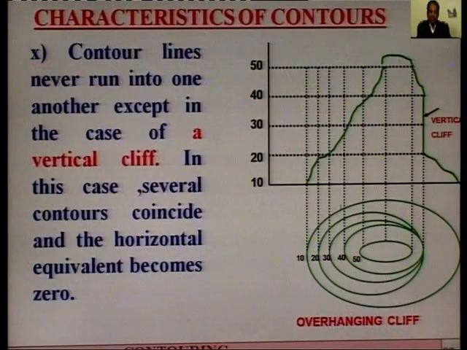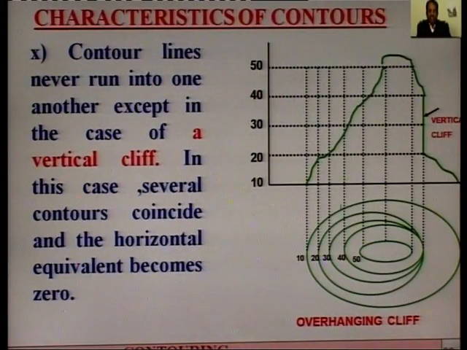That is, all the contour lines meet and the horizontal equivalent becomes 0. Such a hill is called a vertical cliff.